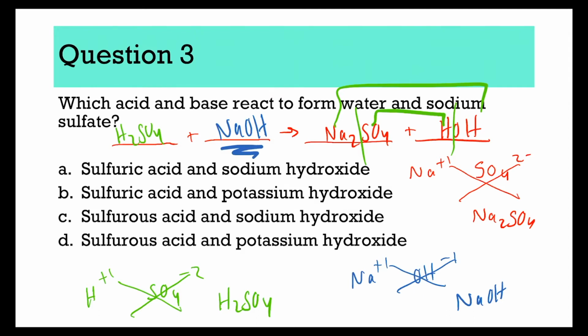We know Na is sodium, so it can't be B or D. It has to be A or C. Then looking at the table, I always get these mixed up, K or L, whichever one comes first. K comes first, those are your acids. H2SO4 is sulfuric acid, which is choice A. Now there is H2SO3, I believe that is a completely different acid, so make sure you're reading these very, very carefully.